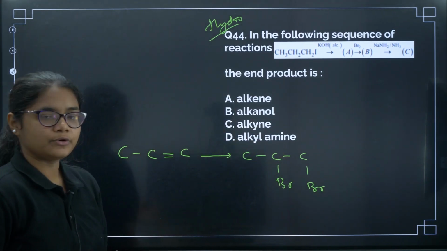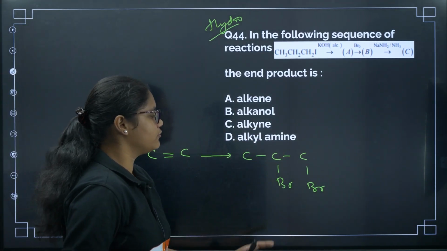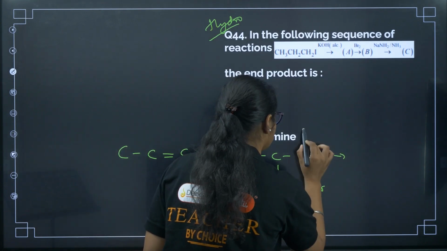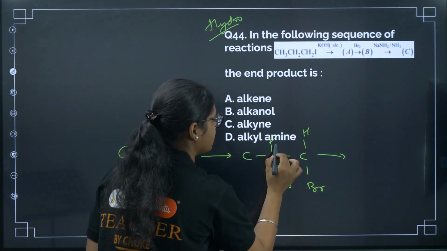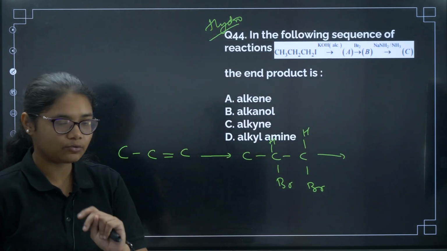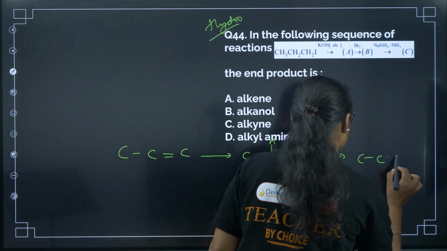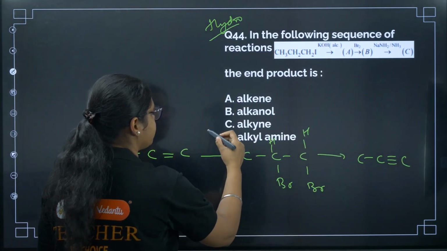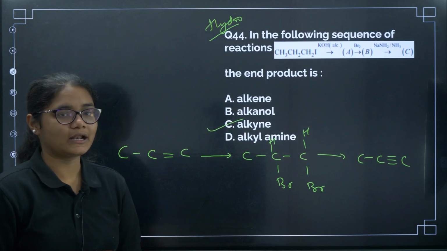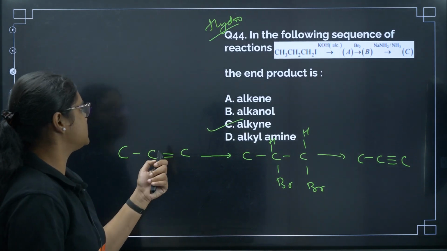Now NaNH2, sodium amide, will remove HBr and HBr. From here one HBr will be removed, from here one HBr will be removed, and we get 2 double bonds. So the main final product will be an alkyne. So the correct answer for this question is option number C.